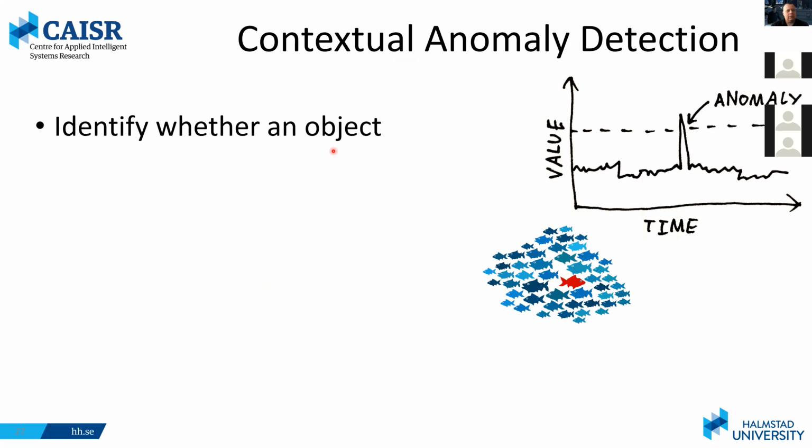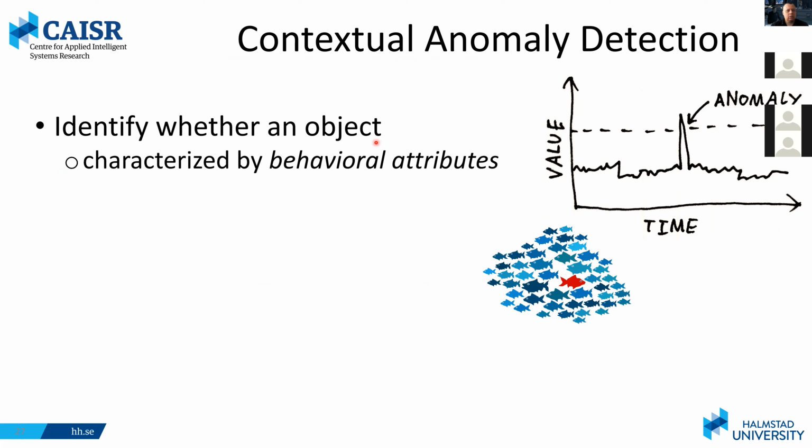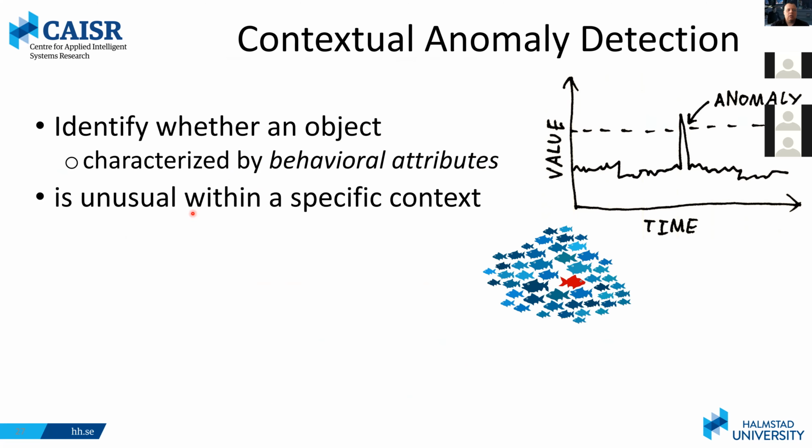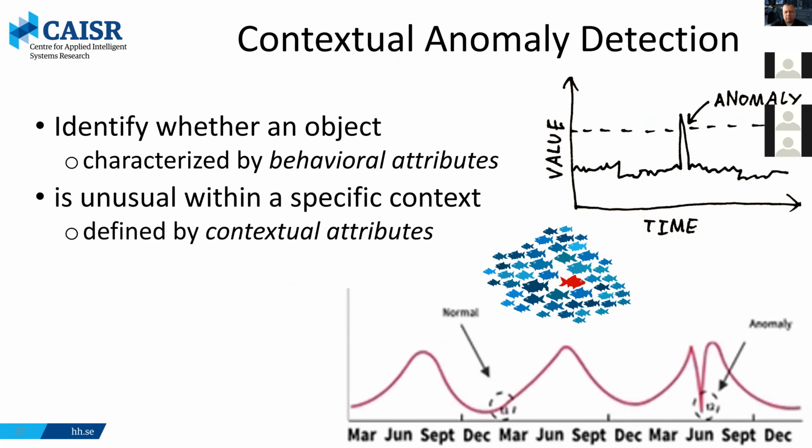And the most obvious example is when you have time and a particular value might be perfectly fine in the winter, but it would be an anomaly in the summer. So you basically say the time defines the context, and whatever is considered unusual depends on this particular context.